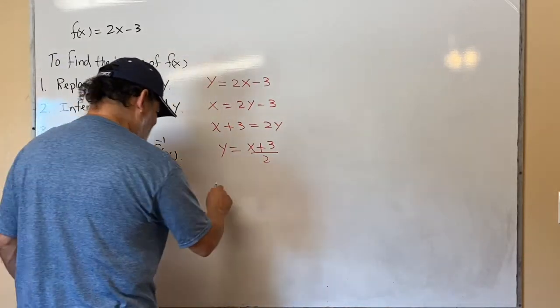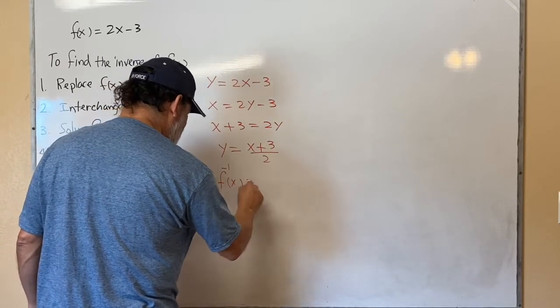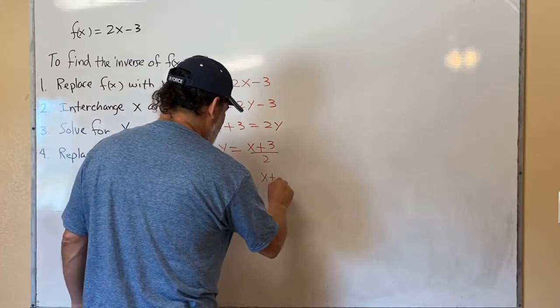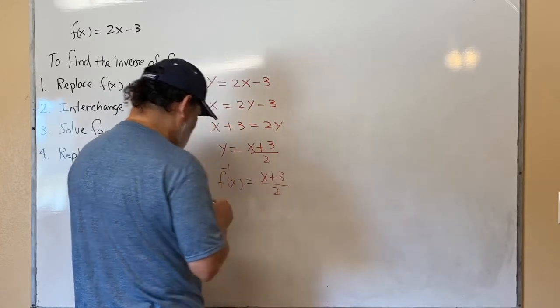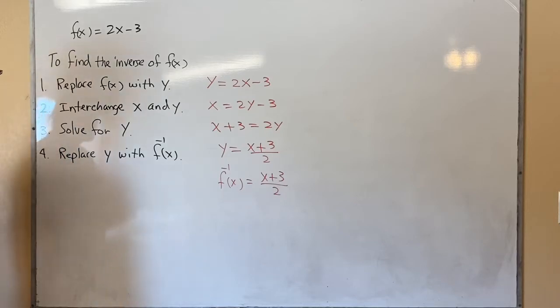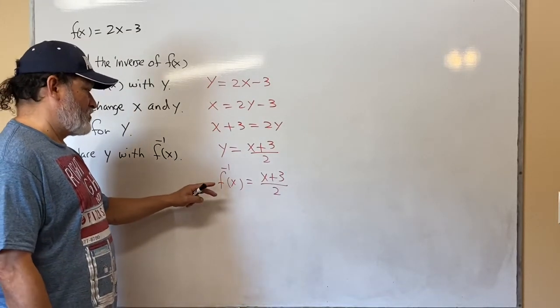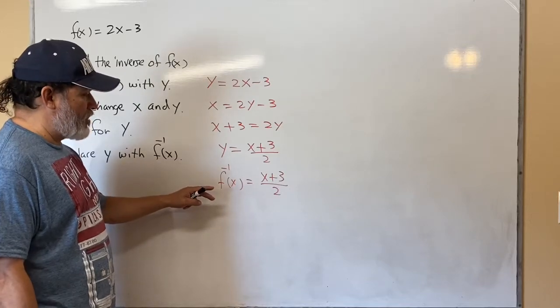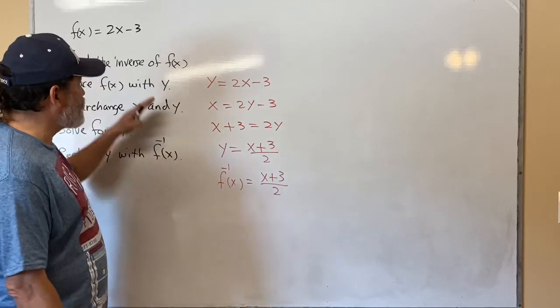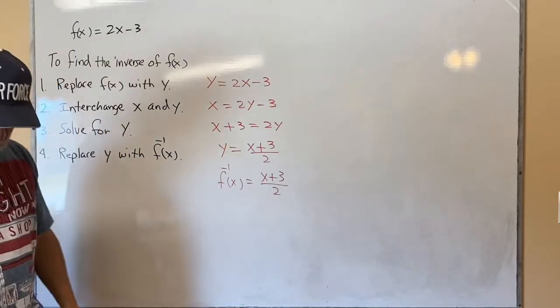This y is going to be f inverse of x, x plus 3 over 2. There you go. We found the inverse function. Remember, we just went through these 4 steps to find the inverse of f of x.